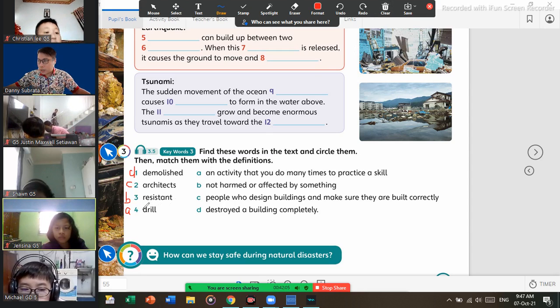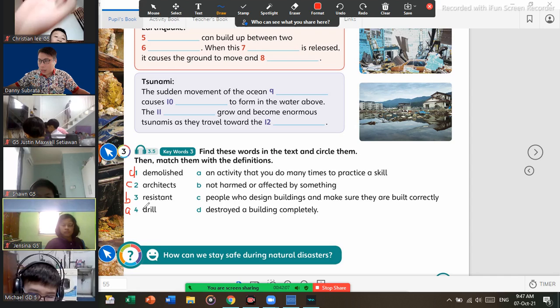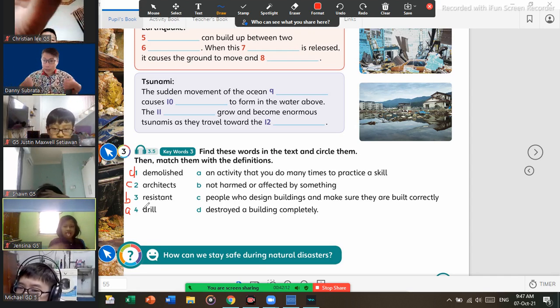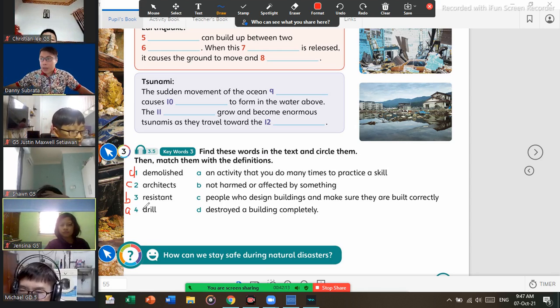The emergency drill means that you are having an exercise practicing for when we have maybe a fire or a natural disaster. But there's also one item called a drill, or in Bahasa Indonesia, bor. So those two are different. Do not be confused. This is an activity, not a thing.